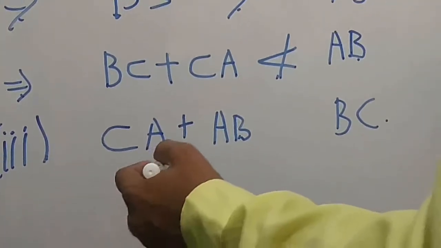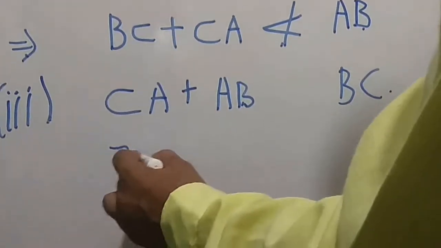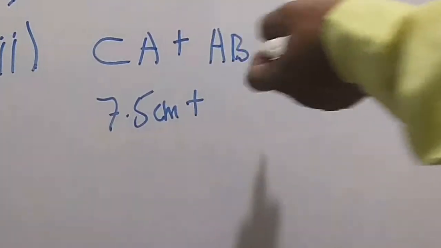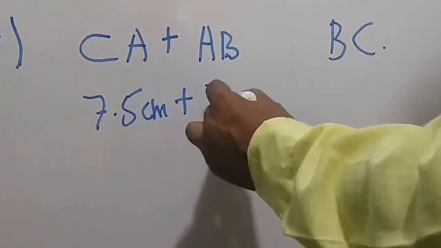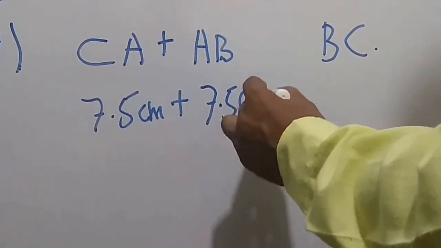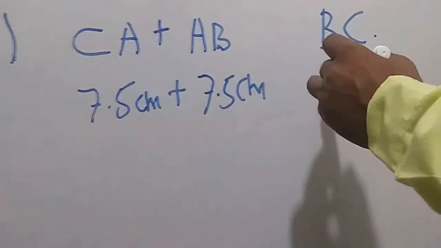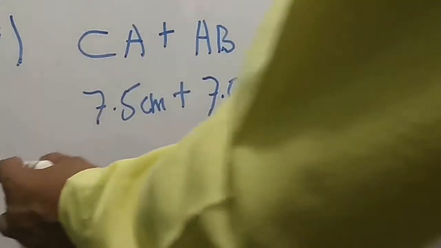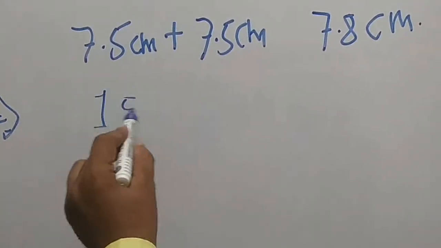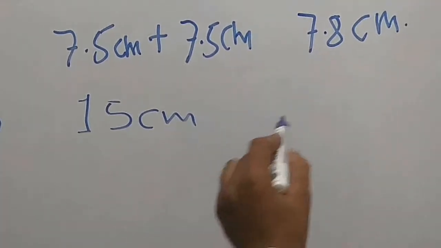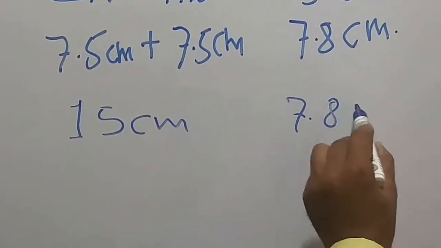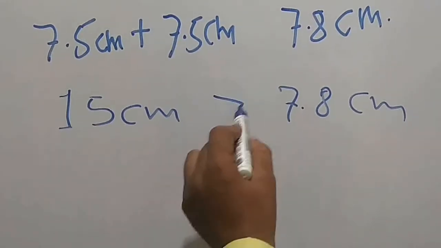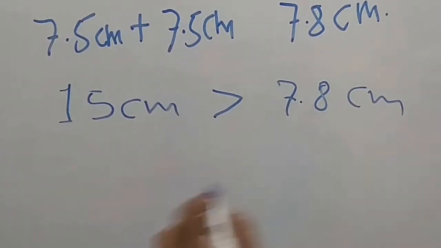The measurement of CA is 7.5 centimeter plus the measurement of AB is 7.5 centimeter, and the measurement for BC is 7.8 centimeter. It shows 15 centimeter, and when we compare this with 7.8 centimeter, it is easily observed that 15 centimeter is greater than 7.8 centimeter.